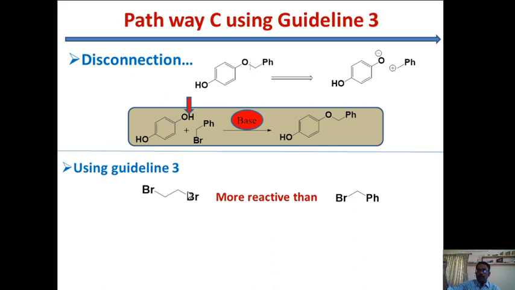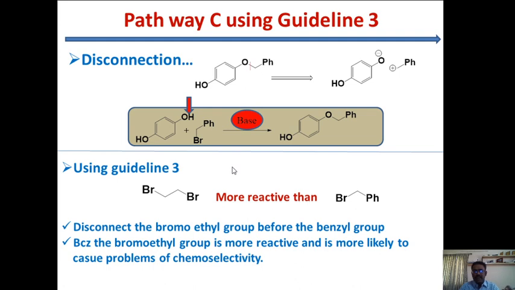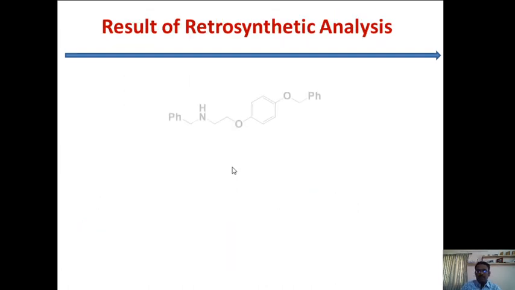Among the third and fourth bonds, we choose this as more reactive, and you have to disconnect that first. So disconnect the bromoethyl group before the benzyl group, because the bromoethyl group is more reactive and more likely to cause a problem of chemoselectivity. That is the reason we disconnect the dibromo first.